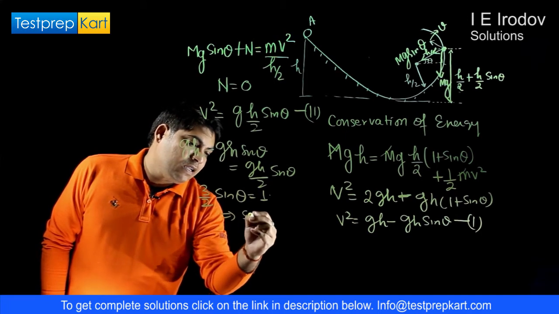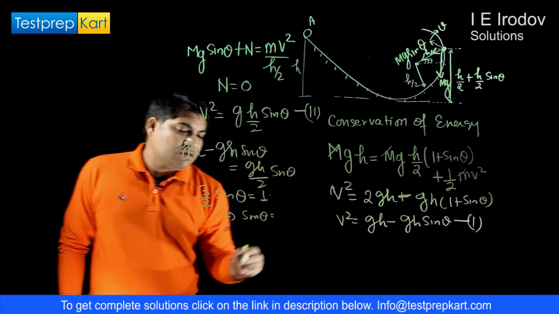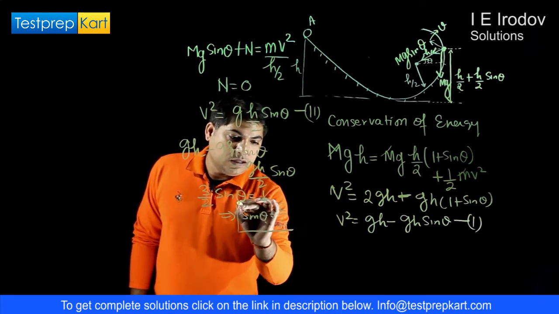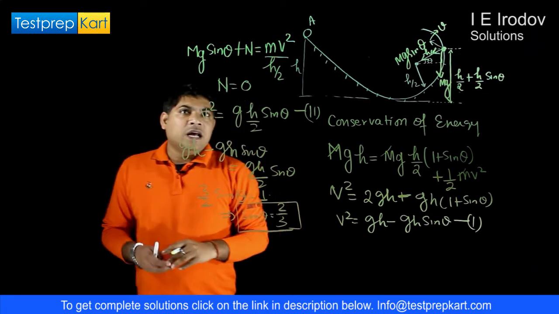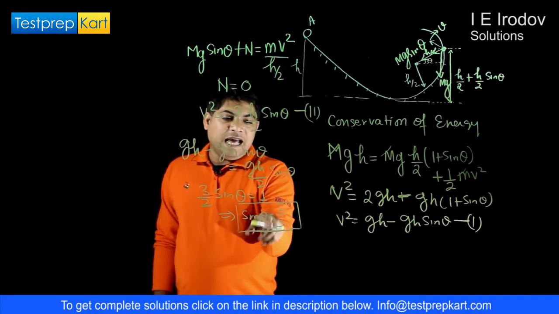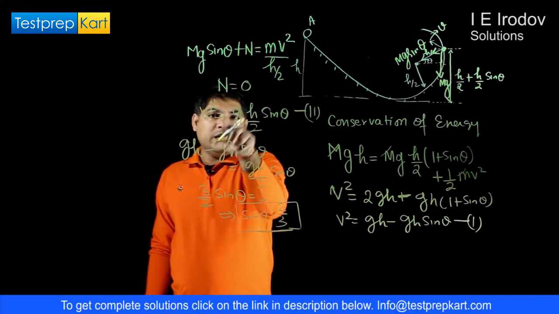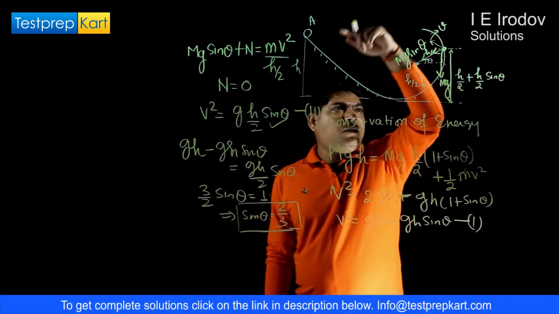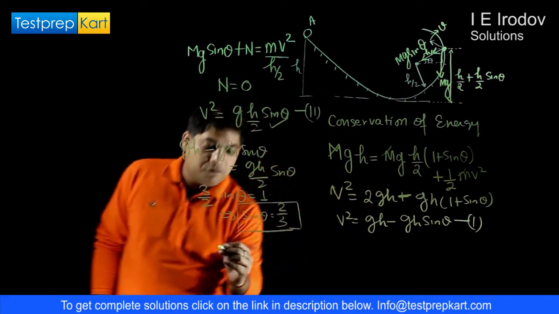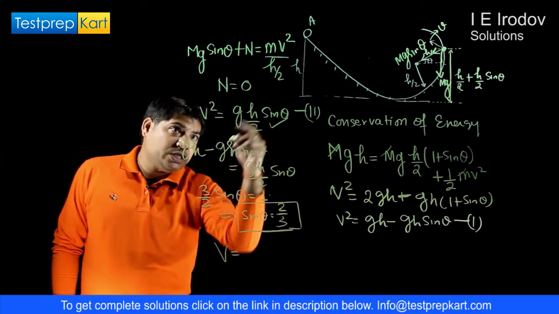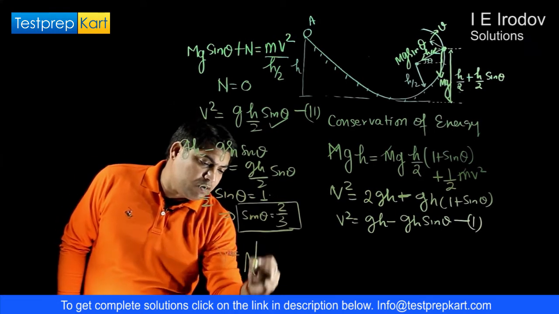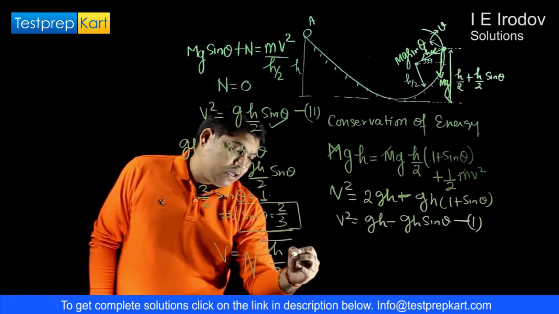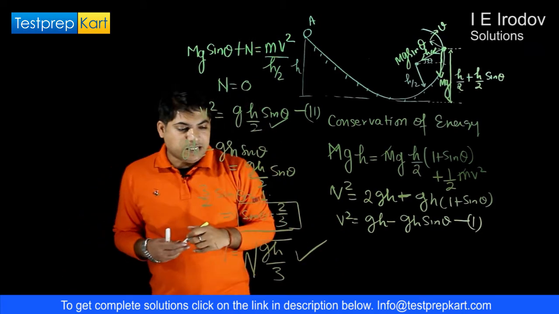This implies sine theta is equal to 2 by 3. This is our first result. Now with sine theta as 2 by 3, we can calculate the velocity of break off, when this object breaks off this point. So velocity is equal to, from equation number 2, under root gh over 3. This is a very important result.